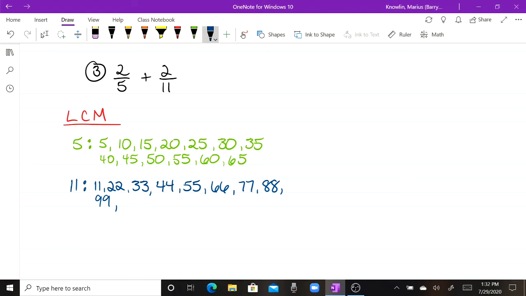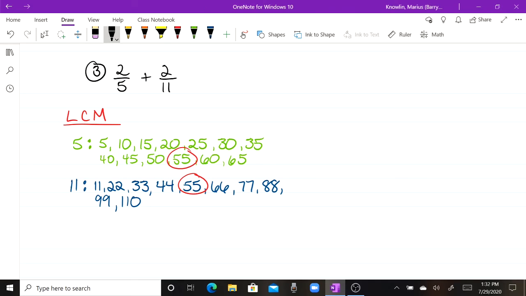Anybody? 100 and what? 110. Okay? All right. So now that we've listed out most of our multiples for each denominator, the 5 and the 11, what's the least common multiple? Well, if we're paying attention, 55 is our least common multiple.